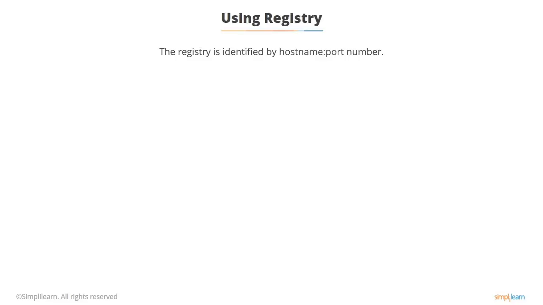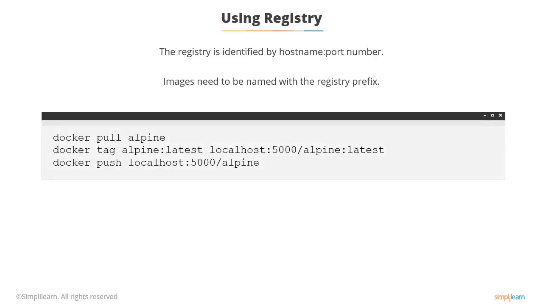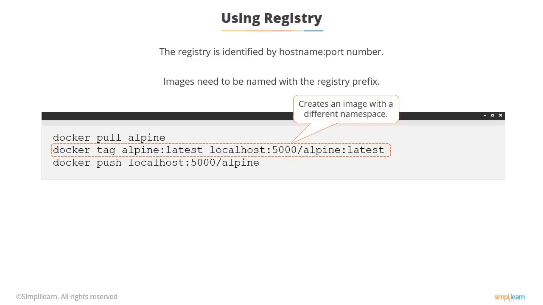So here is an example, we've got our local registry. Once we've got the registry set up, we can pull an Alpine image from Docker Hub. Then we can do docker tag. What that does is effectively create an image with a different namespace. So it creates another image which has got the namespace localhost:5000 called alpine:latest.